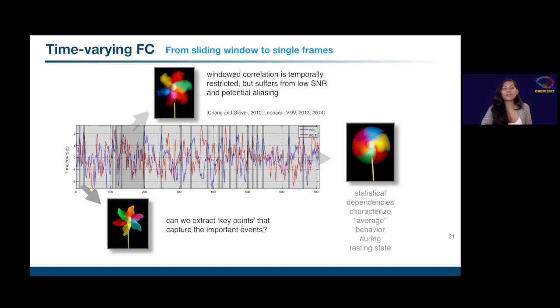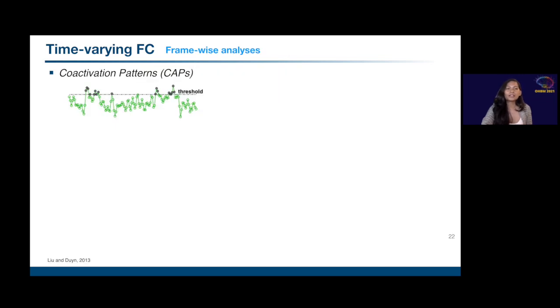One of the most prominent methods that does this is the co-activation pattern analysis, which looks at the significant time points that have significant activity.